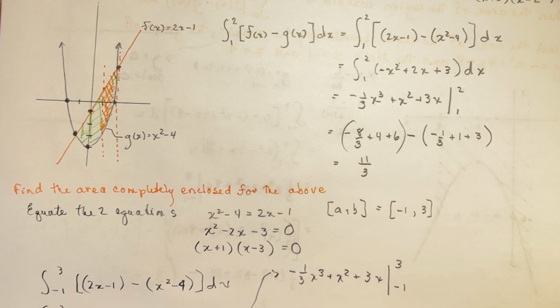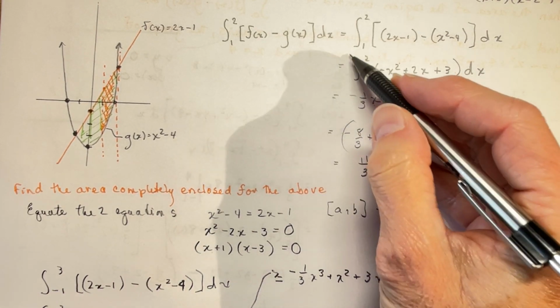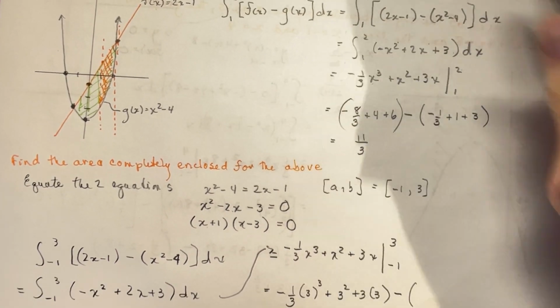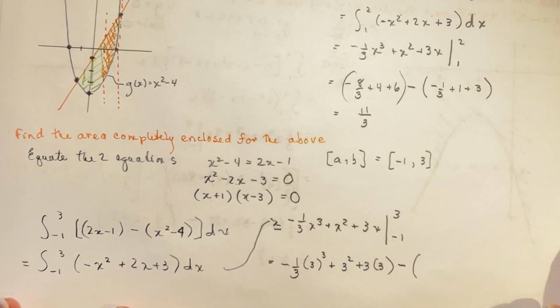And there we go. We're just going to plug some numbers in here. I like equal signs. I know some books don't do that, but frankly, these are important. It's format. So minus 1/3 of 3 cubed plus 3 squared plus 3 times 3 minus, put a bracket. Always put a bracket there. Need more space here.